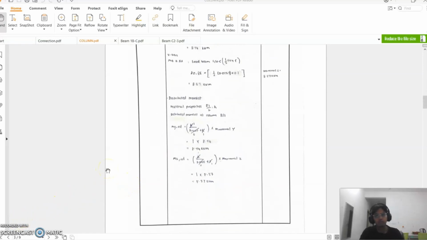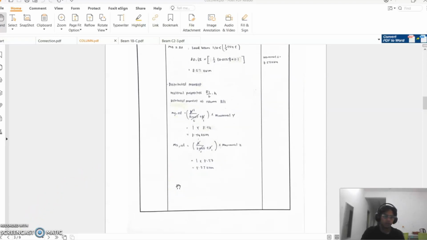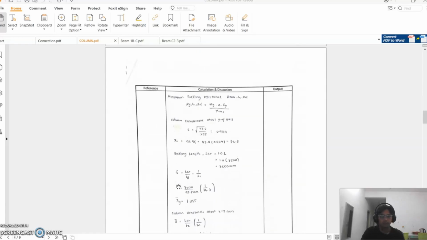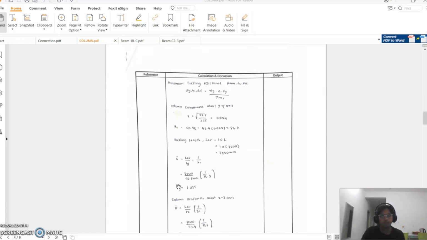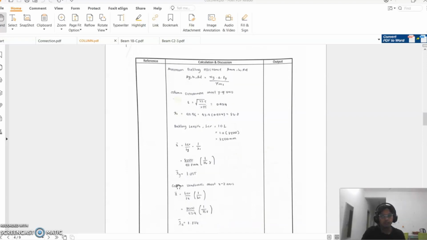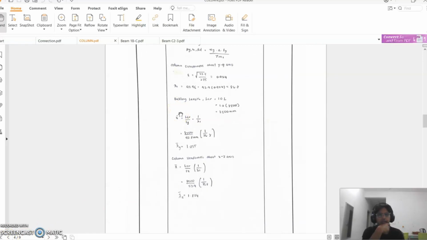For the distributed moment, for nominal Y the value is 8.74, and for nominal Z it is 8.57. And then we go to the minimum buckling resistance. For the column slenderness, Y axis is 0.924, and the buckling length for Y axis is 8,500 mm.